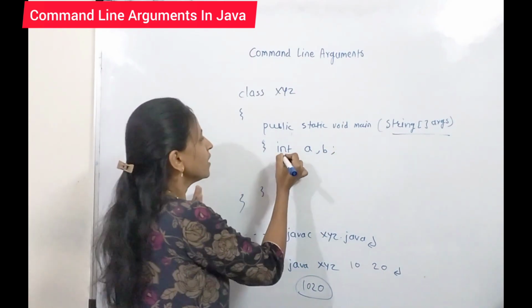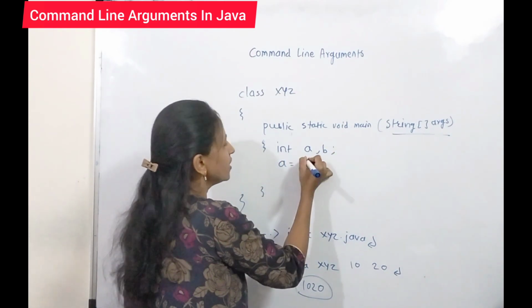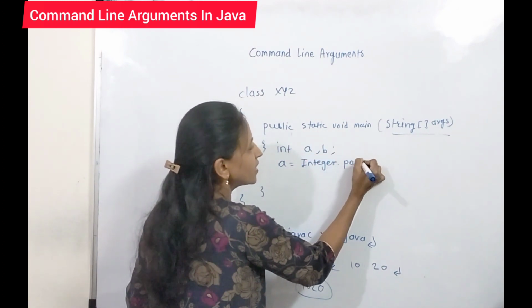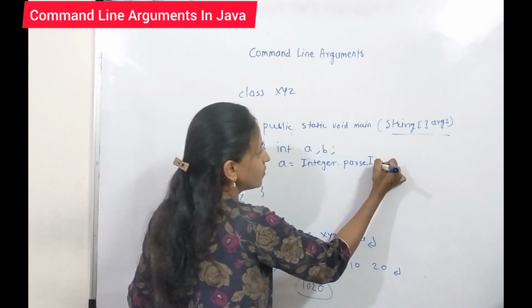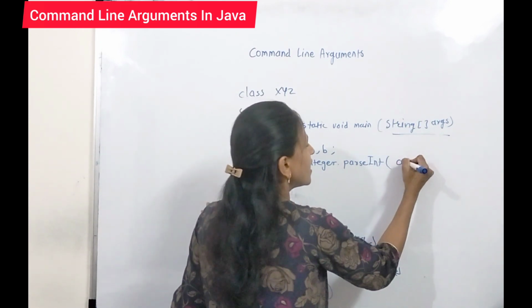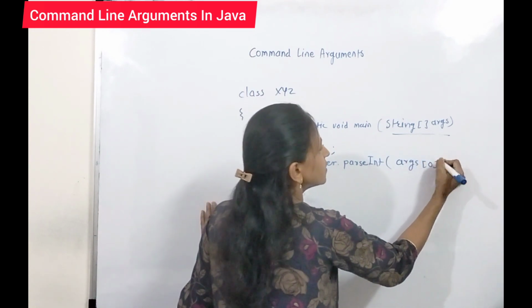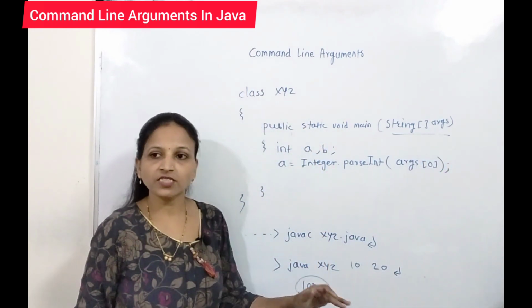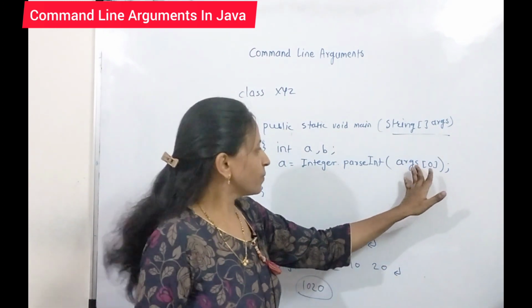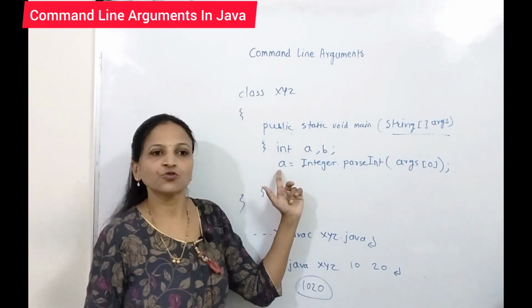Now a equals Integer.parseInt, with capital I in parseInt, and here you have to pass args of 0. That args of 0 means 10. It is in string format, that will be converted to integer and will get stored inside a.